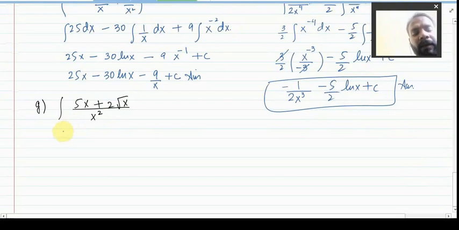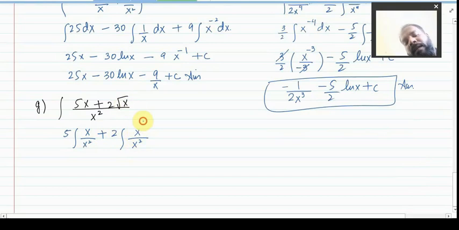So that will be 5 integral of x divided by x square plus 2 integral of, in the denominator we have x square, but x root is basically x to the power 1 upon 2 and dx with both of these terms, right?